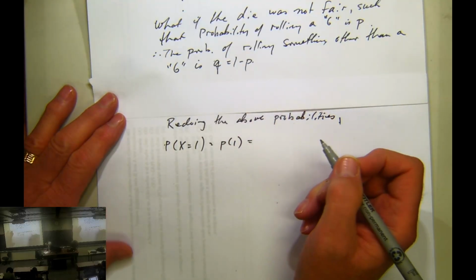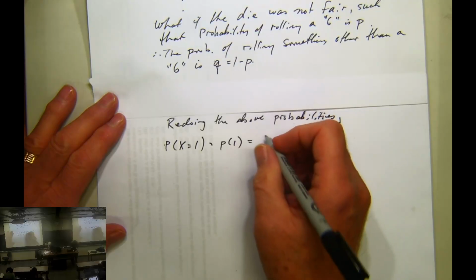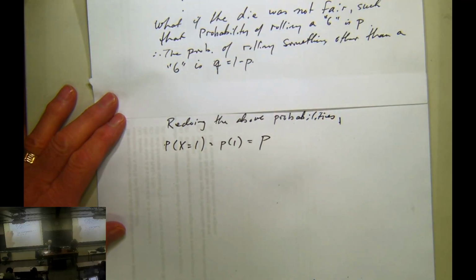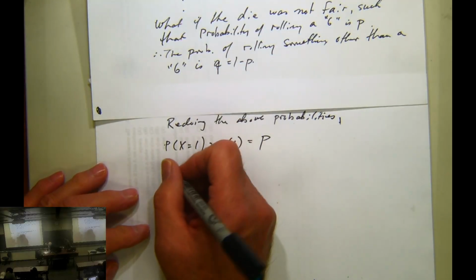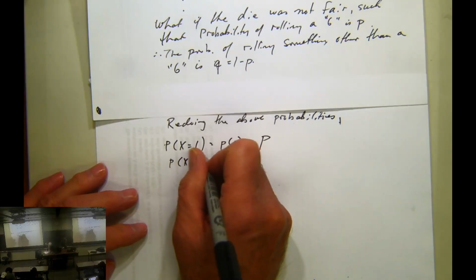That's going to be, well, it's not 1 out of 6 necessarily, it's just some general p. The probability of a 6 could still be 1/6, because it just said the die is not fair, so that means all the other things aren't necessarily equal to 1/6. But anyhow, there's a general p there.